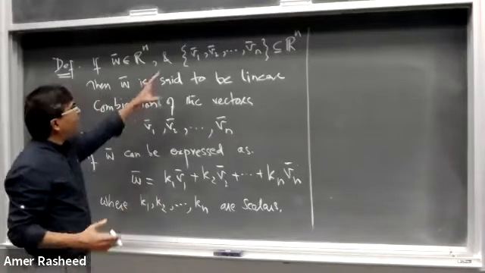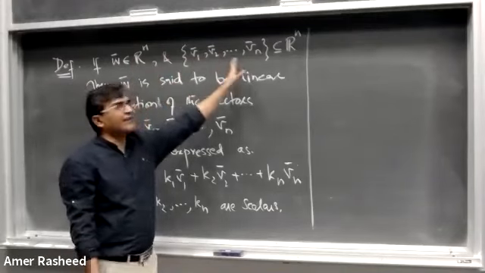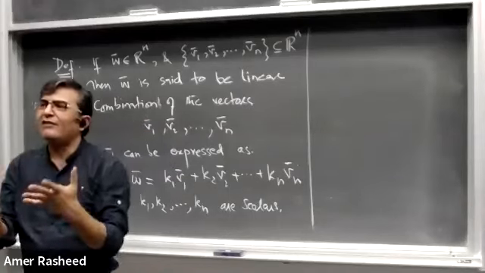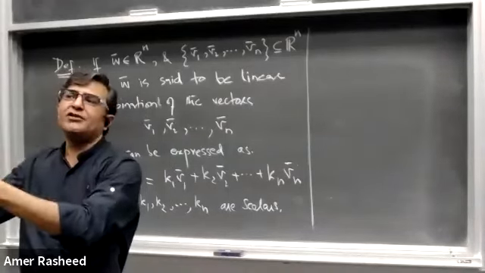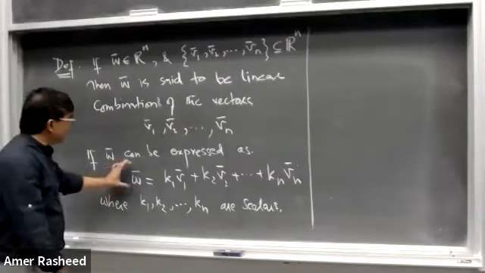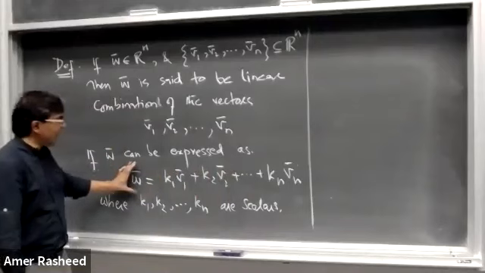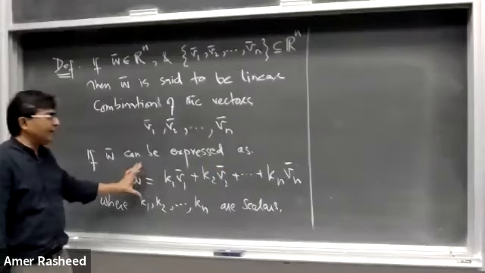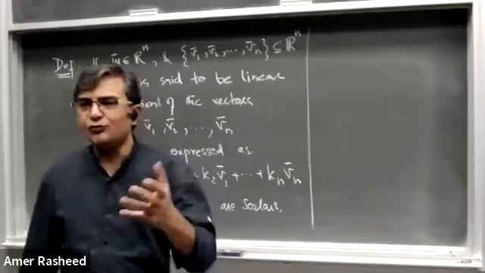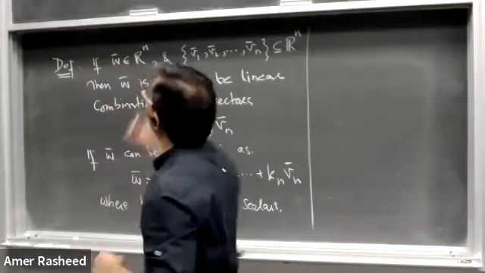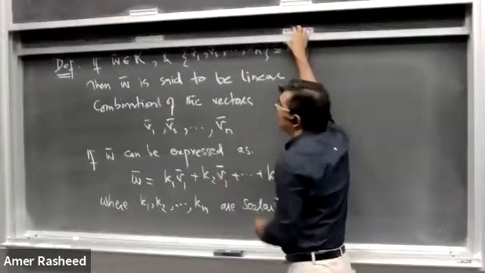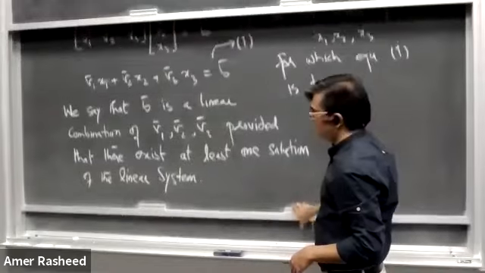Now, W and these vectors V1, V2, so on Vn will be given. And we have to check whether we can write W as a linear combination of V1, V2, so on Vn. Then what we do, we write this kind of expression. Now, what is this expression? This expression is in fact a non-homogeneous linear system, as we have written on the previous boards. Here, this expression is the same as the linear combination.